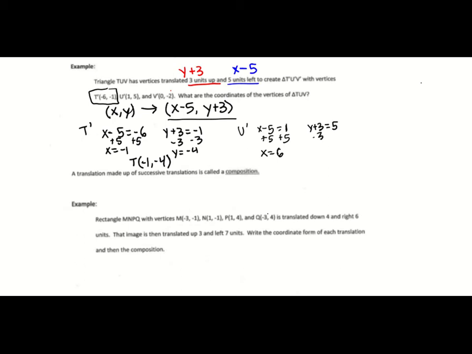So if we subtract 3, y equals 2. So we get 6, 2 for u. And our last point, v prime, x minus 5 equals 0. Add 5 to both sides. X equals 5.